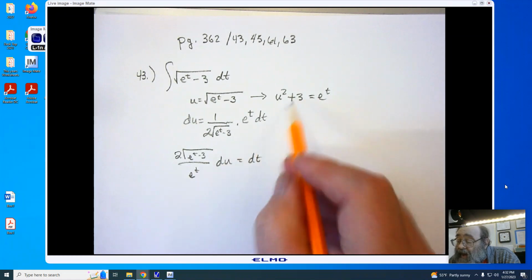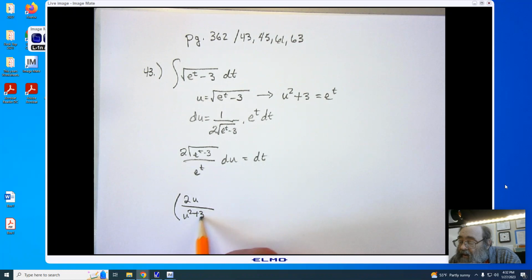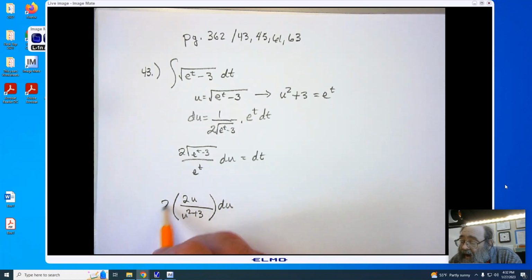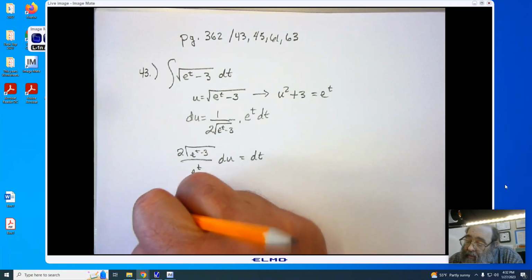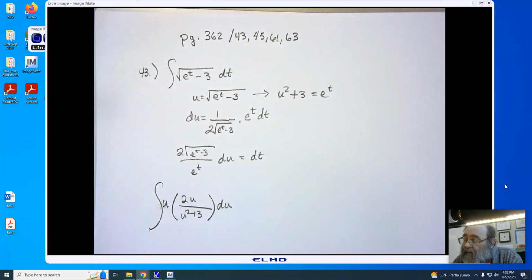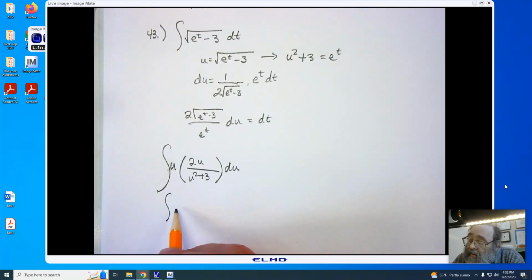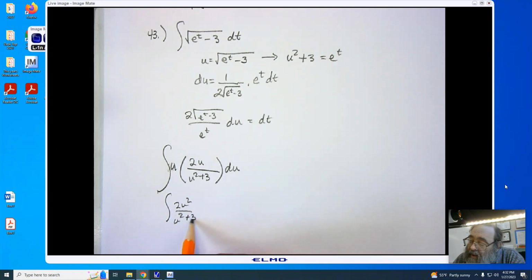I then can plug in e to the t, so I have 2u multiplied by u squared plus 3 du, and I have my u integrated. This is giving me the integration of 2u squared over u squared plus 3 du.